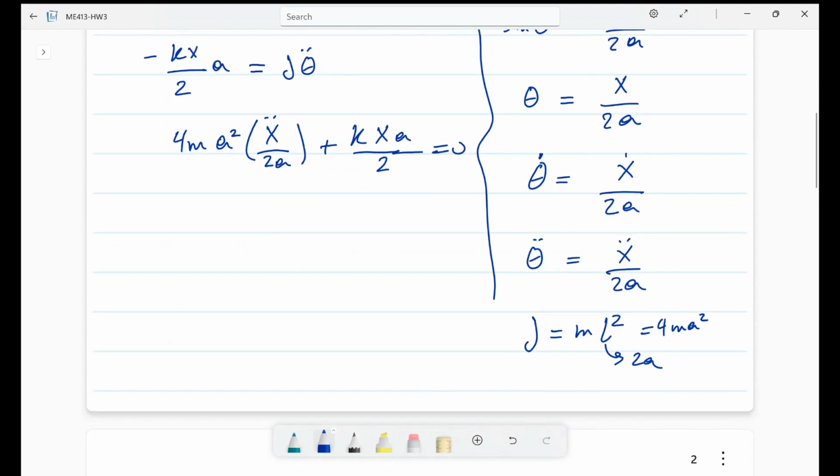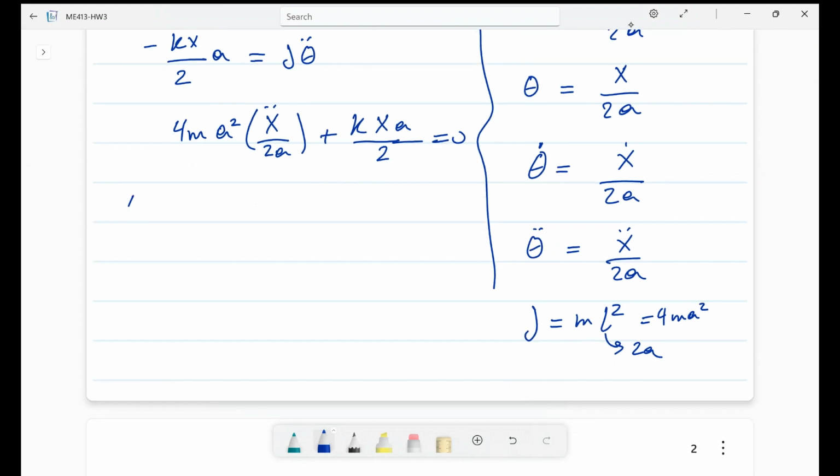Now multiply both sides by 2a, and we will have 4ma square x double dot plus k a square x equal 0.